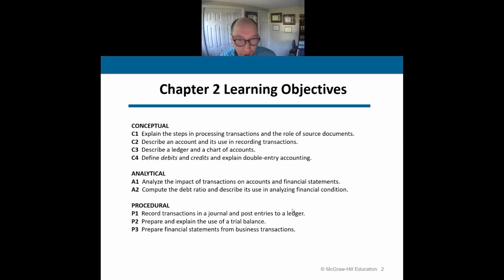So we'll talk about the transactions, how they're recorded, what double entry accounting is, using debits and credits, and how to interpret those on the financial statements, and how to compute things, and how to solve for various problems.